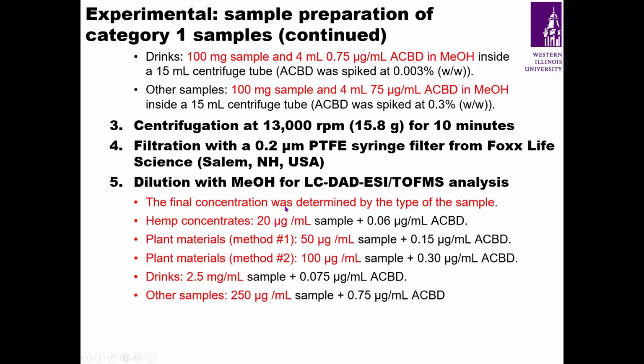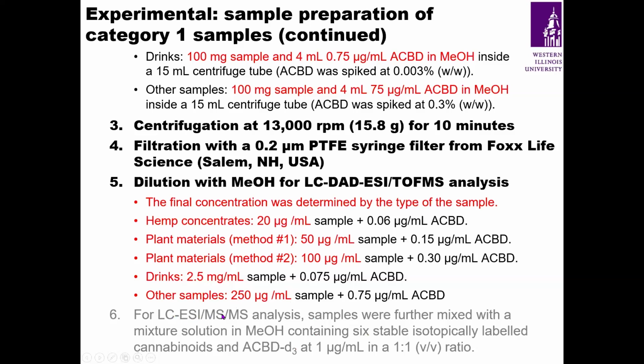Now the final concentration was determined by the type of sample. Concentrates, 20 microgram per milliliter. Plant materials, either 50 or 100 microgram per milliliter. Drinks, 2.5 milligram per milliliter. Other samples, 250 microgram per milliliter.